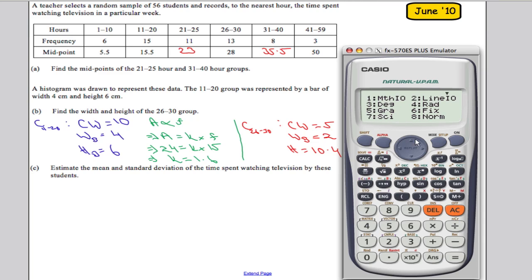I want to set up the statistics mode, so hit 4, and I want to turn my frequencies on because this question involves frequencies. Now mode, stat. I'll go to statistics mode, single variable statistics, so the first option. The x is going to be our midpoints, and then I can put in the corresponding frequencies.